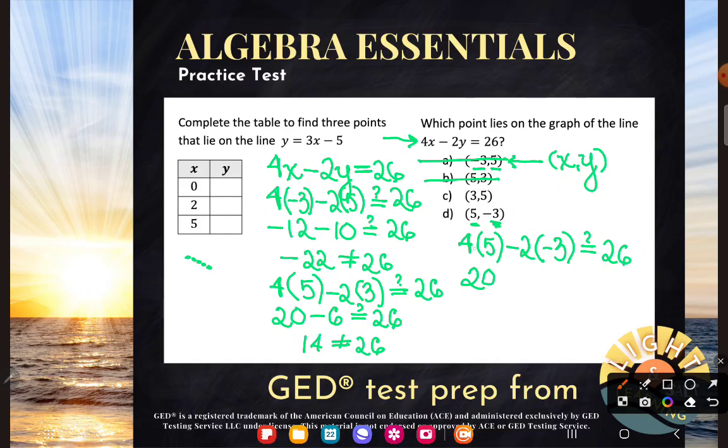So hopefully it's better. I'm trying to help you guys out. So 4 times 5 is 20, and then negative 2 times negative 3 is positive 6. Whoa, I am struggling. Does that equal 26? Heck yeah, it does. 20 plus 6 is 26. That does equal 26. D is the right answer.